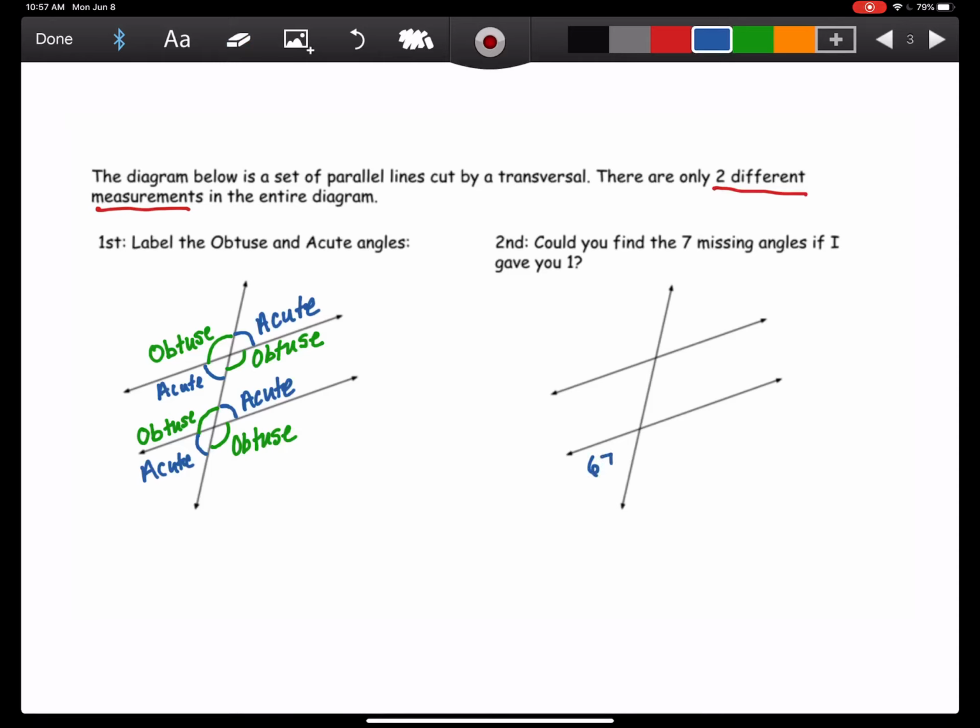Well, hopefully you're catching on that the acute angles have a relationship, and some kids in the past have called it like a lightning bolt effect. They travel through the intersection of each, across the transversal, okay?